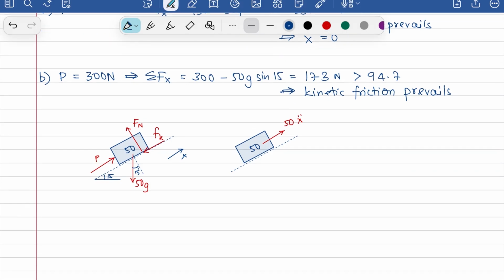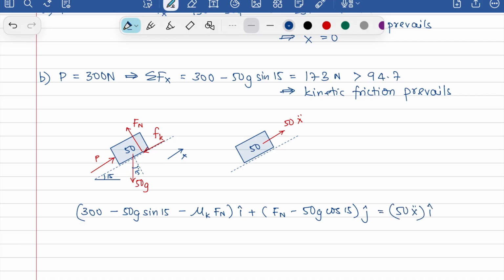So now if I did Newton's second law, I would have 300 minus 50g sine 15 minus Fk, that is mu k Fn, along x, which I'm going to say is i hat, plus Fn minus 50g cos 15 j hat is equal to 50 x double dot i hat.